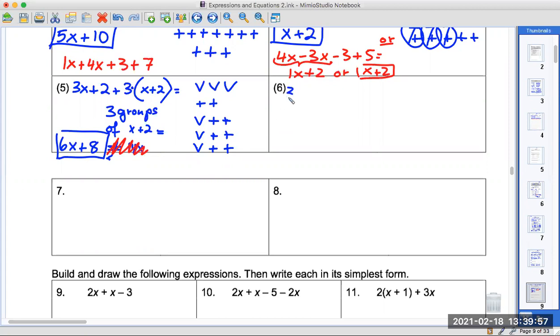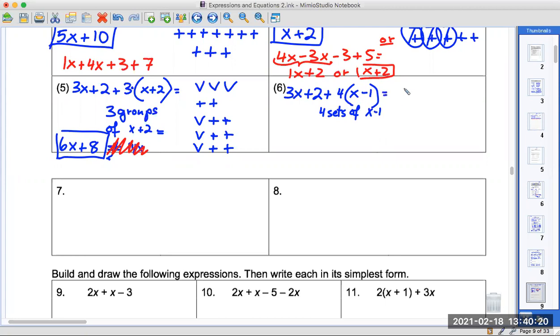So all right, 3x plus 2 plus 4 sets of x minus 1. This is not a 4 like 4 pluses. This tells you how many of these sets you got. 4 sets of x minus 1. That's what this means.